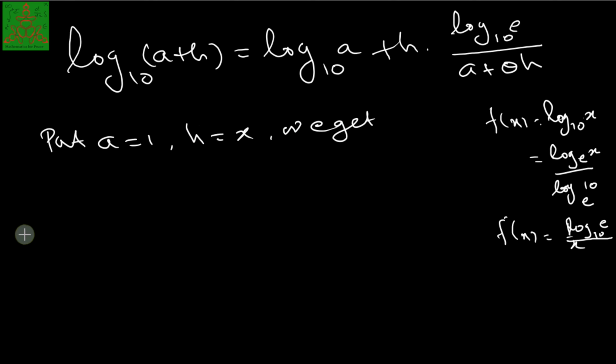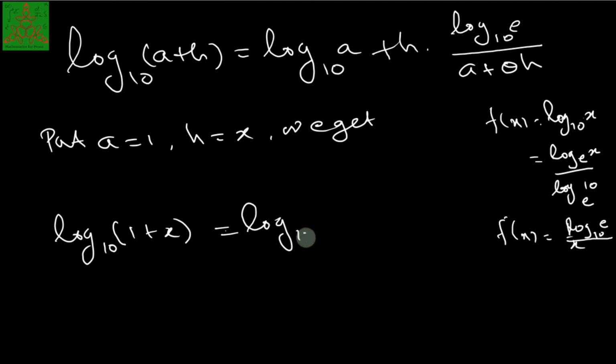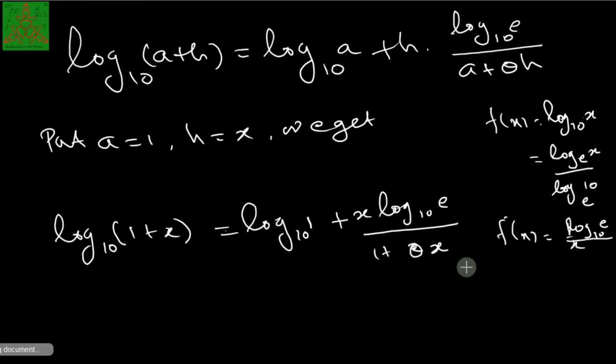We get log base 10 of 1 plus x is equal to log of 1 base 10 plus h, which is x, log 10 base e upon a, which is 1 plus theta x, where theta belongs to the open interval 0 to 1.